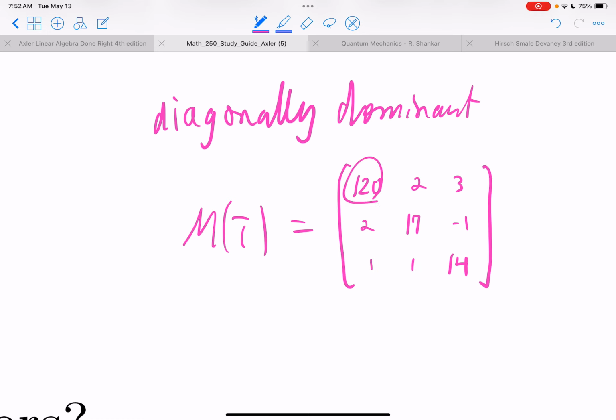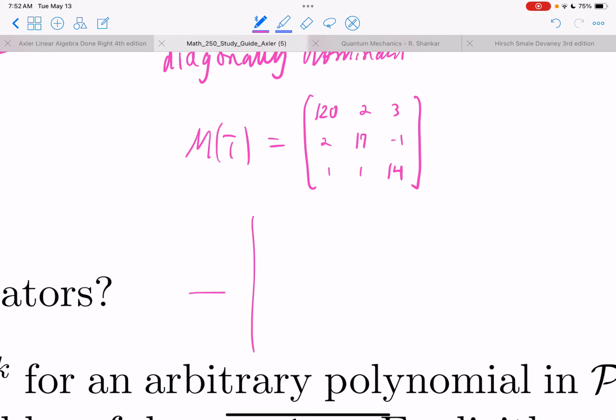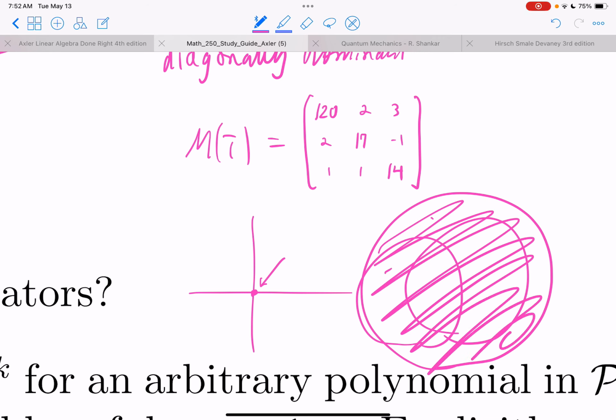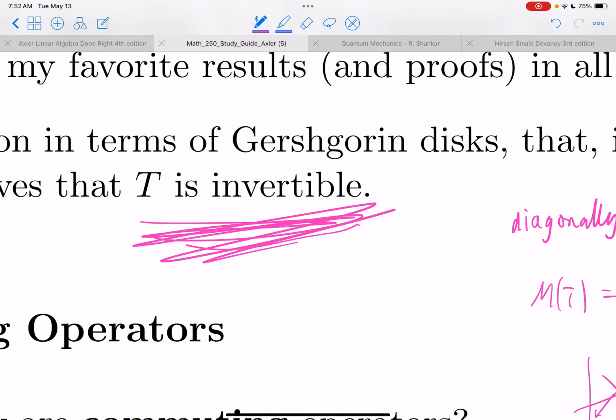The diagonal entries are so big that if you write down the Gershgorin disks, like here's the origin, we just want to show that 0 is not an eigenvalue. But if all your Gershgorin disks are over here, the eigenvalues have to be inside here somewhere. So the eigenvalue cannot be 0. Right? So there's no eigenvalue 0.